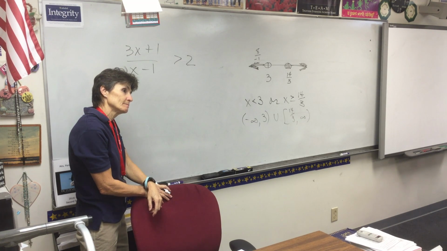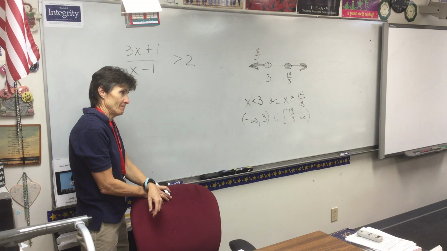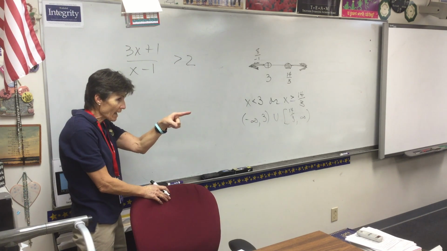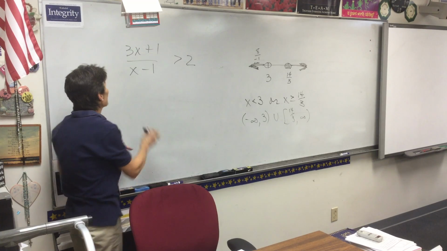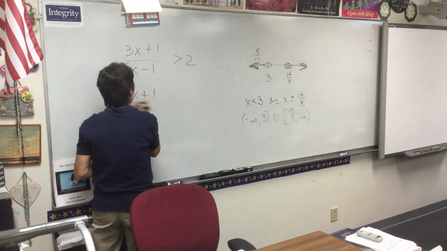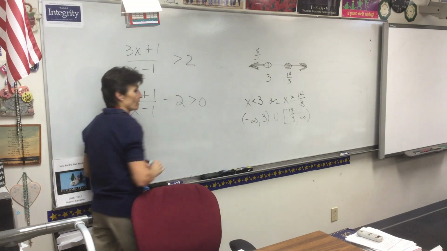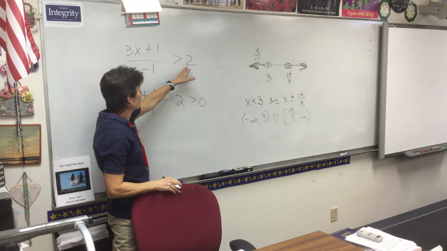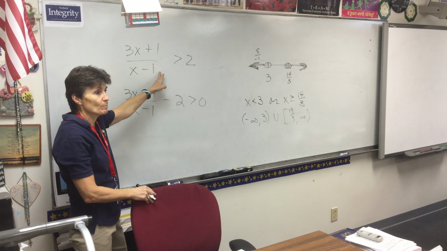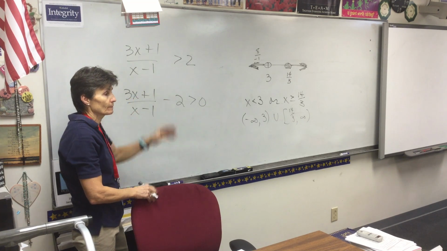We're going to find the factors. No, not yet. We're going to subtract 2 so that we get a 0. We have to have a 0 over here. So the only way to get a 0 is to move the 2.